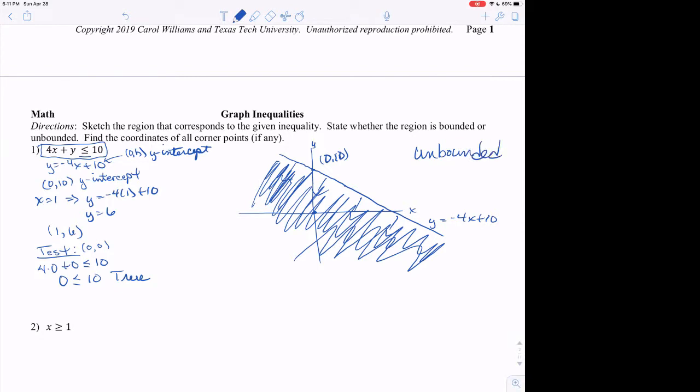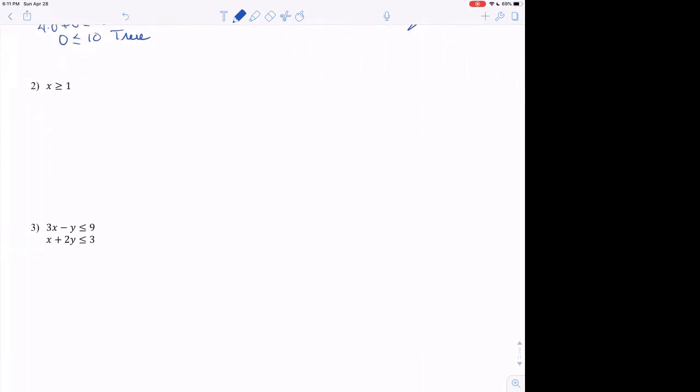Okay? So let's look at number 2. This is the line x equals 1, but I want everything that's greater than x equals 1. So that would be this region. And again, that's an unbounded region.